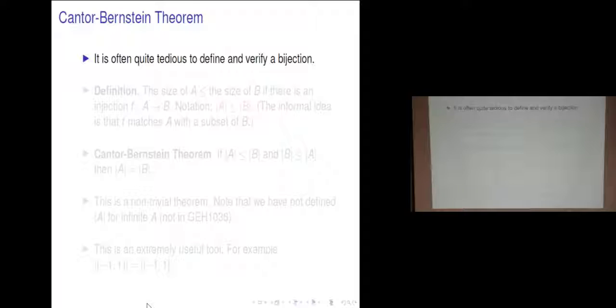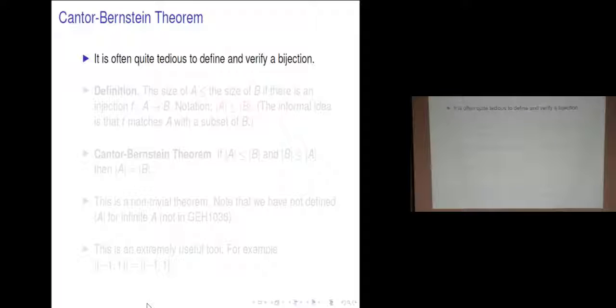Okay. So now, as you have seen, to find the exact match is sometimes quite difficult, quite clever, right? But we have other tools to help us. For example, this Cantor-Bernstein theorem is one of the tools. The theorem is a non-trivial theorem. You learn it if you are a math major student.